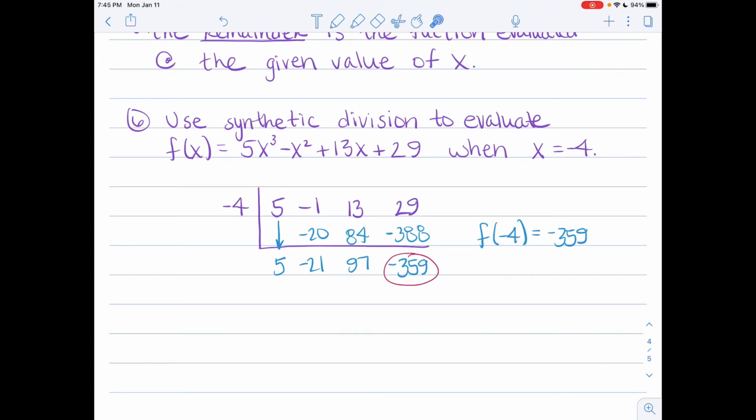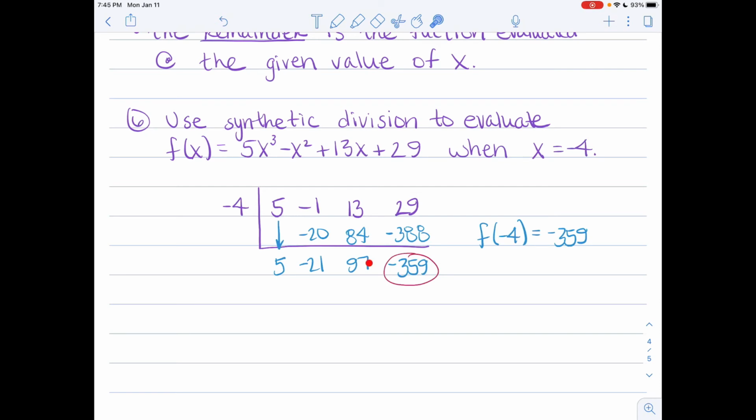Now here's the special part I was talking about. Whenever we are evaluating a function, instead of talking about the function as f of x, we would say f of whatever number we're plugging in for x. So in this case, f of -4, or you could say f evaluated at -4, and the answer is our remainder.